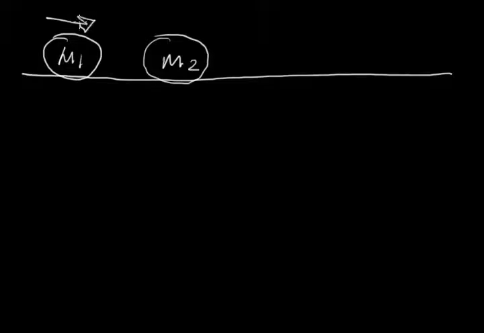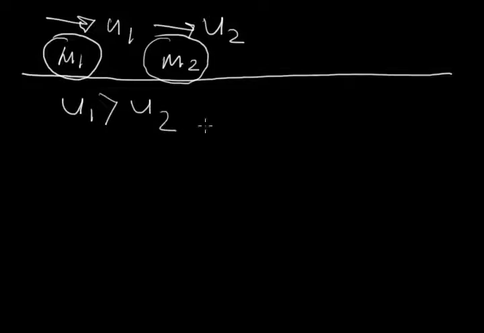by Newton on collision of bodies. Newton tested this whole thing on a billiard table with billiard balls. And what he suggested was that if these are the balls having mass m1 and m2, and if they have an initial velocity of u1 and u2, then before collision they should have a condition of u1 greater than u2, because if u1 is not greater than u2, then they are simply not colliding.